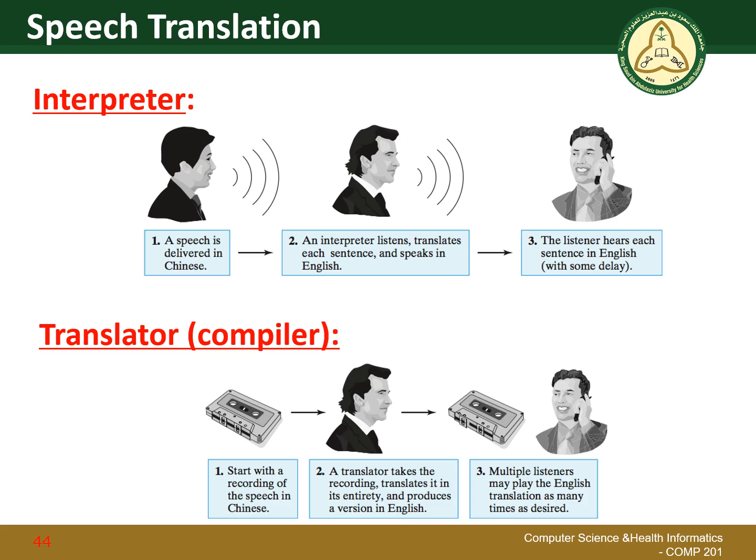The second difference is that there is some kind of object between the translator and the person or the user. Also, the overall time of translation is less than the interpreter because it is only in the beginning.